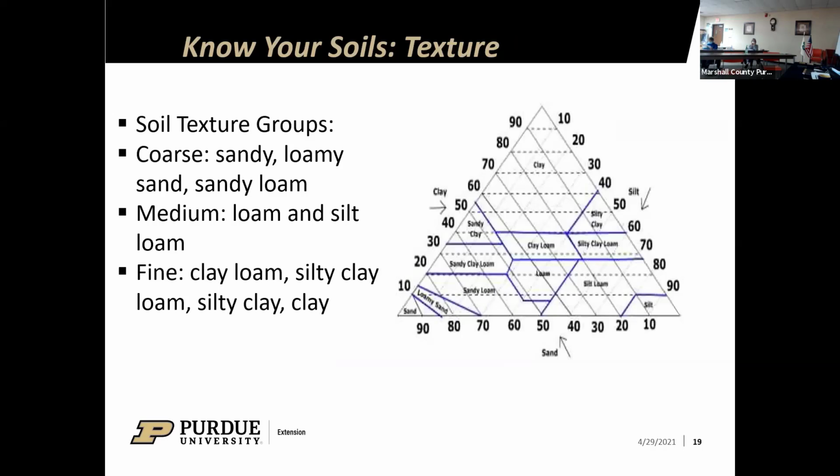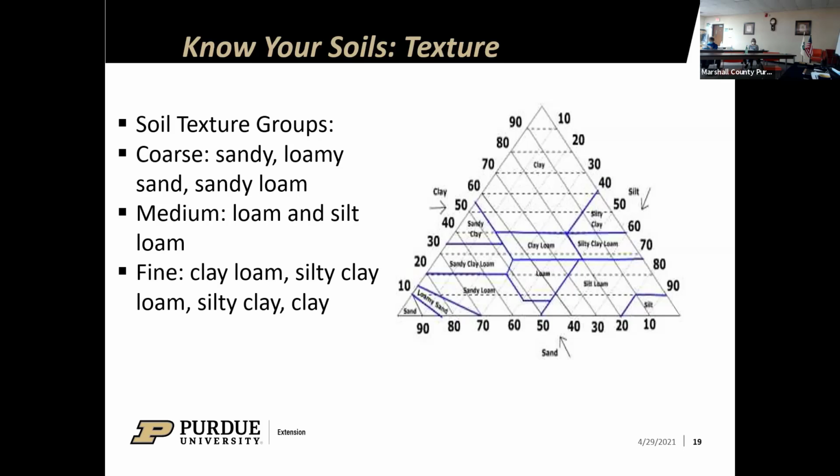So coarse soils tend to have a higher percent of sand in them. So there'd be sands, loamy sands or sandy loams that tend to have better drainage because of the larger particle size that the sand contributes. A medium soil is loam.